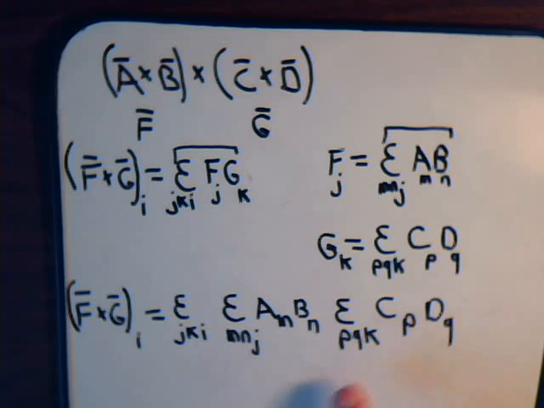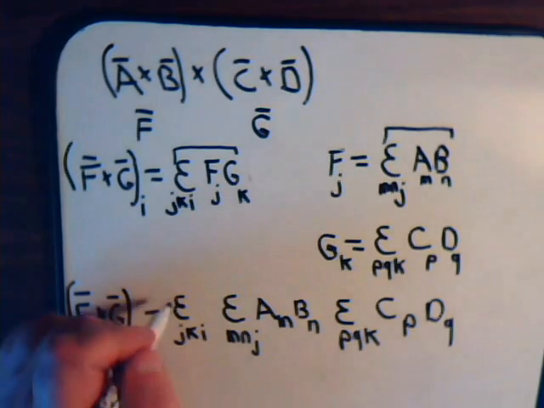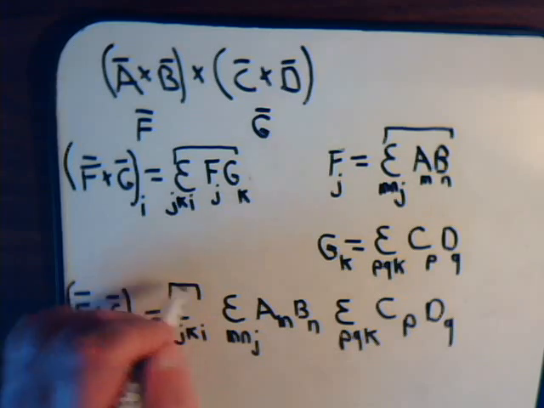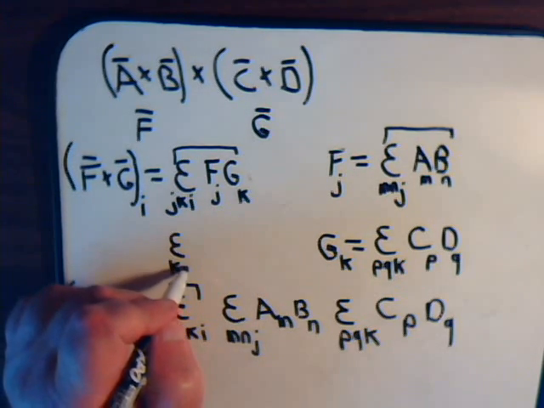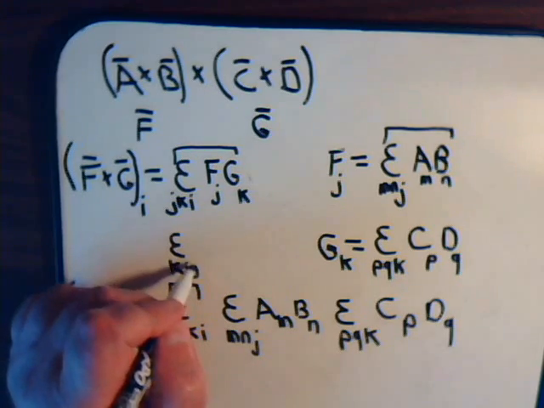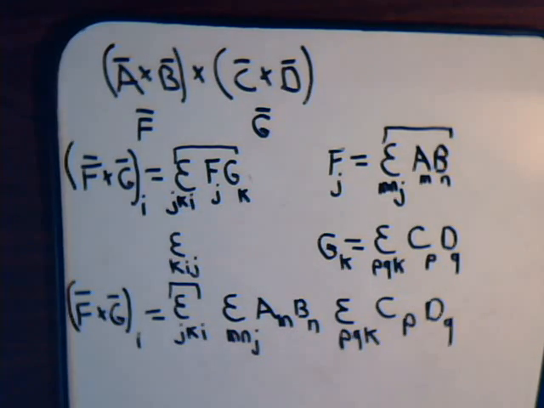Epsilon jki we could write as epsilon k i j. This is an even permutation of this. We could just say epsilon kji, but that introduces a negative sign.